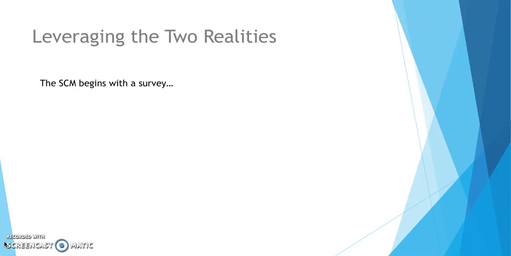Okay, so how do we actually do this now that we've talked about it? Generally, the SCM begins with a survey. That's a survey going out to anyone that participated to see how they felt the training went, and then how effective they feel the training is in their day-to-day application of their job.